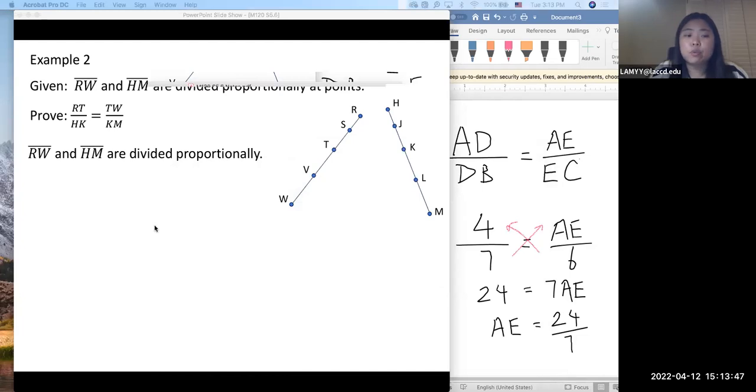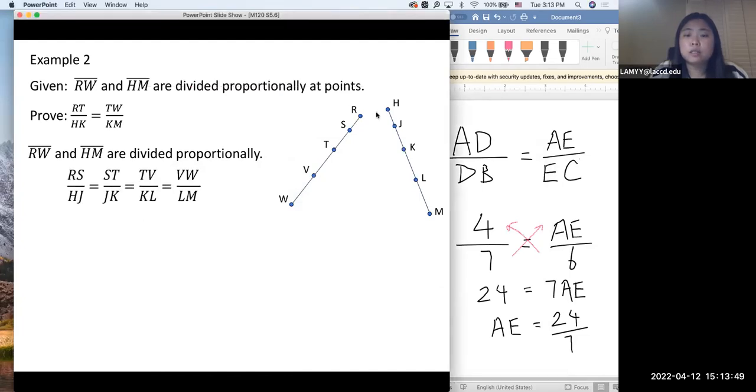First step, try to write this one down: RS over HJ equals ST over JK. We're going to write down the proportional formula, and then use the numerator denominator addition property.